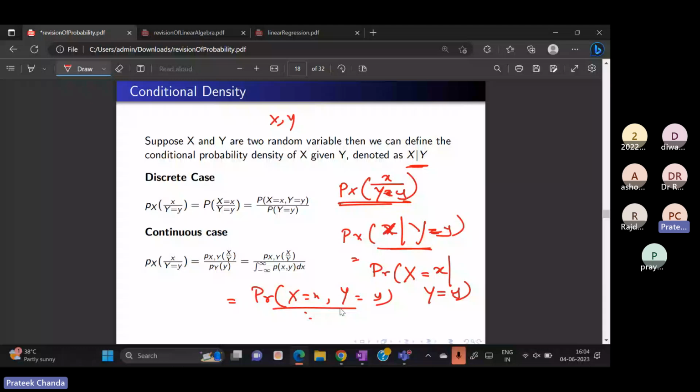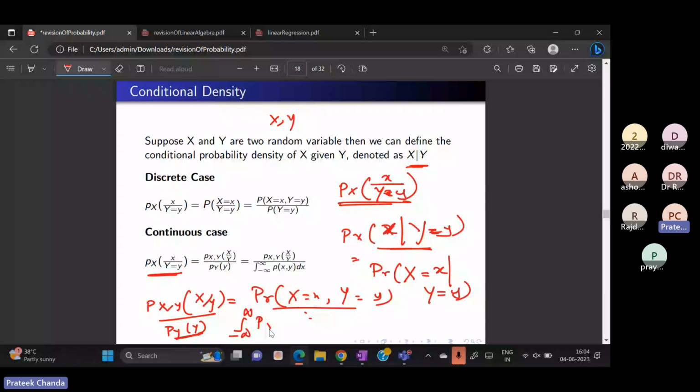So that's what we have seen from the marginalization perspective. This is the case for the joint probability distribution and its counterpart in the conditional probability distribution.